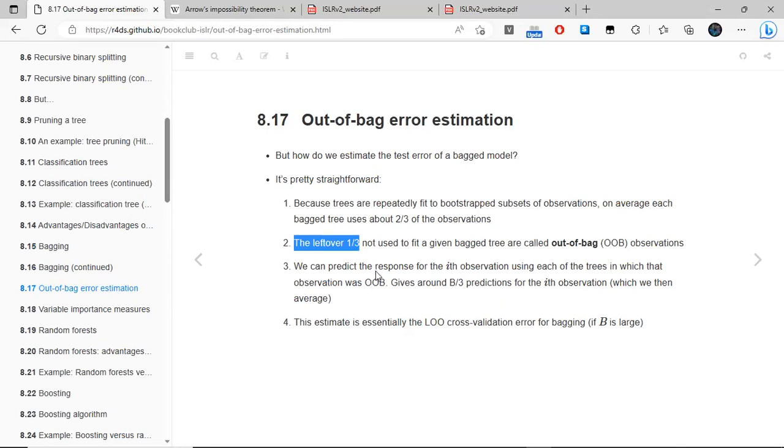You are making a prediction for some training observations, but the model for that prediction has not been created using the particular observation that you're testing right now. And you can do that by simply averaging the predictions for this leftover 1/3 of the samples. So by using 1/3 of the predictions of the decision trees, you're already estimating the testing error that you would have.